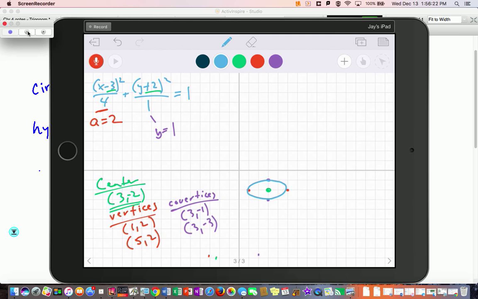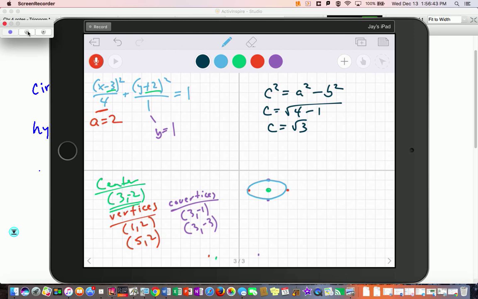Now we're going to find the c value, and the c squared formula is a squared minus b squared. So c will be the square root of the big denominator minus the small denominator, or the square root of 3. So I'm going to only move the square root of 3, which is 1 point something.